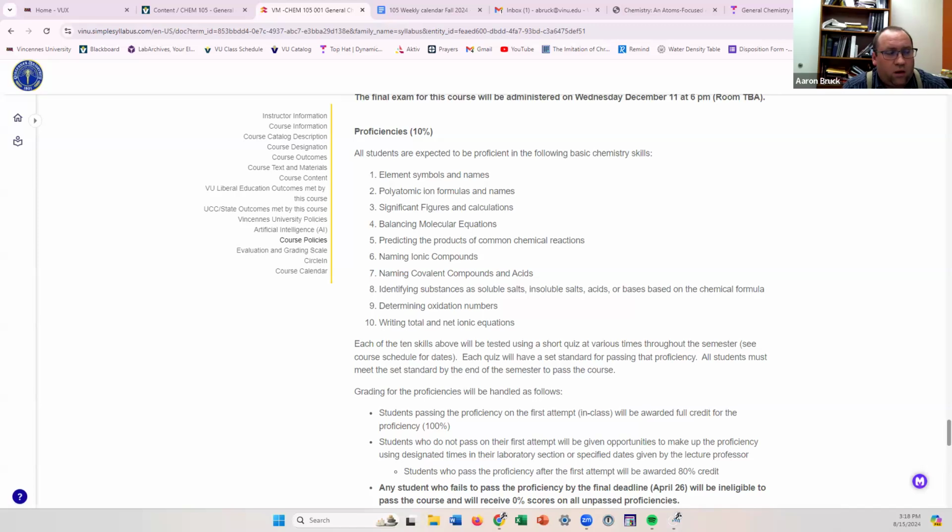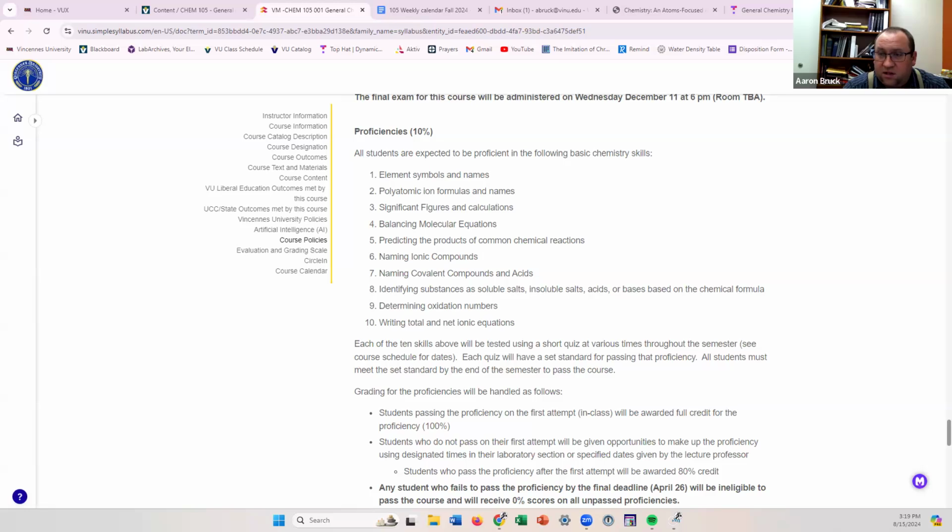So what are the proficiencies? The proficiencies make up 10% of your grade. And in that 10% of your grade, what you're really focusing on are 10 essential skills that every chemistry student should know by the time they get to the final exam.